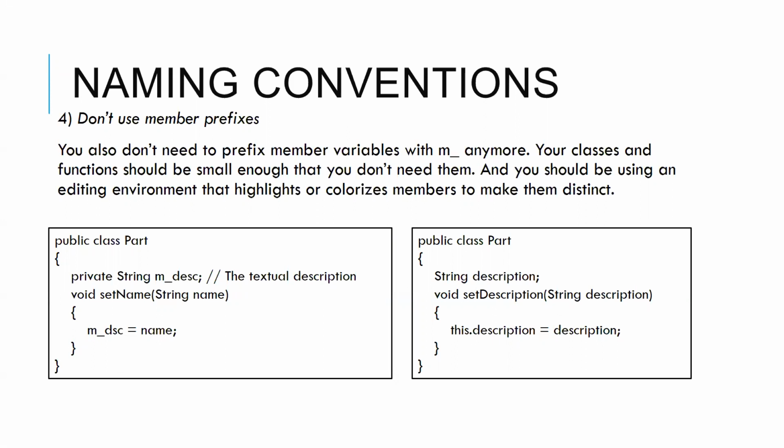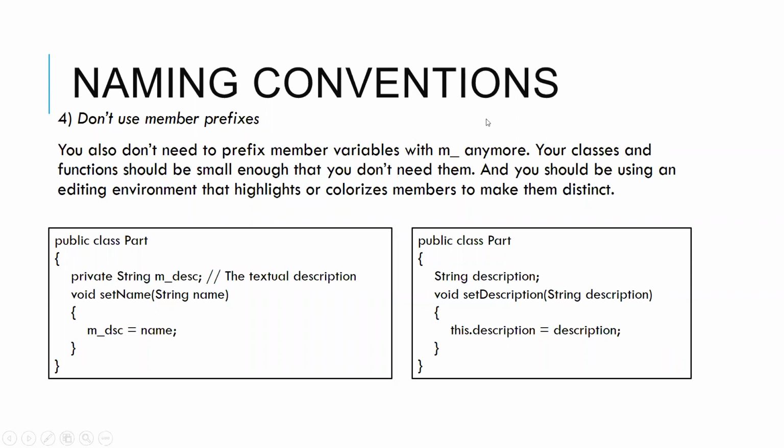Now, one may want to question this particular tip, because if you're not writing m underscore, then how would you differentiate a member variable from other variables? The easy way to do that is something which is already a part of all the editing environments or the GUI environments that are provided for code editing.